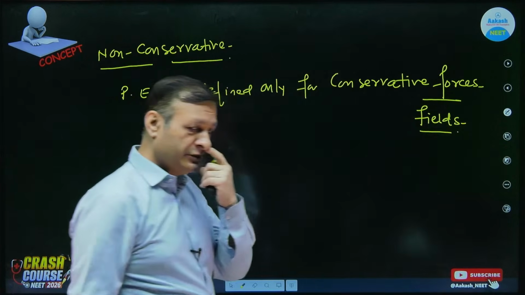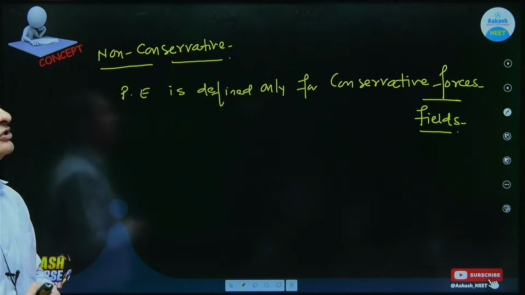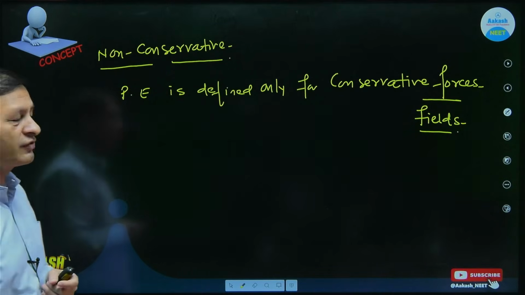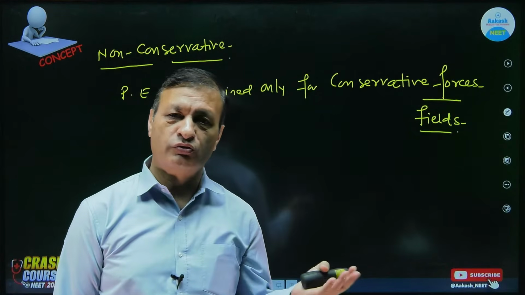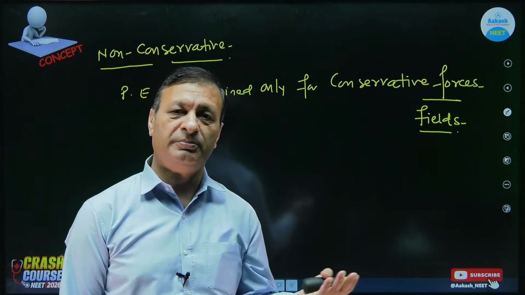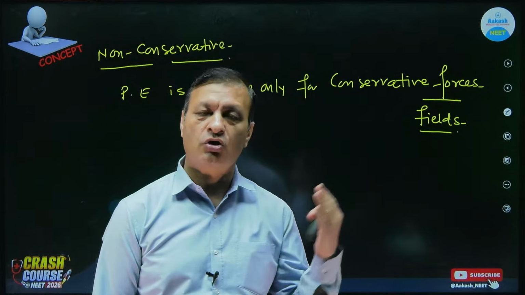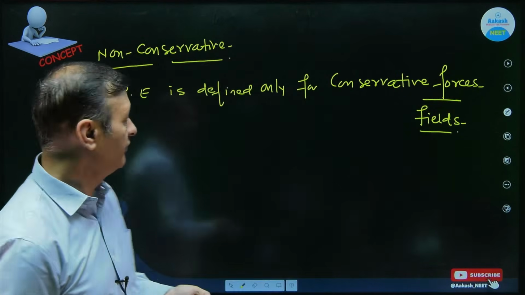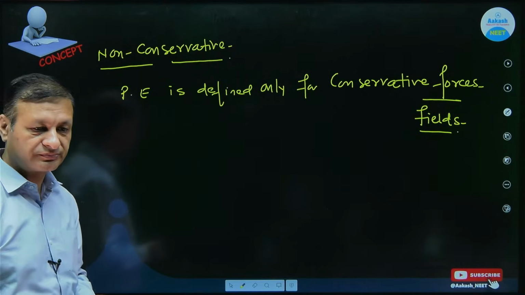It means potential energy is not defined for non-conservative fields or non-conservative forces. So examples of conservative forces: elastic force, gravitational force, electrostatic force. These are all conservative forces, whereas non-conservative forces are dissipative forces like resistive force, frictional force, viscous force. All these are non-conservative forces. Got it or not? Any doubt?